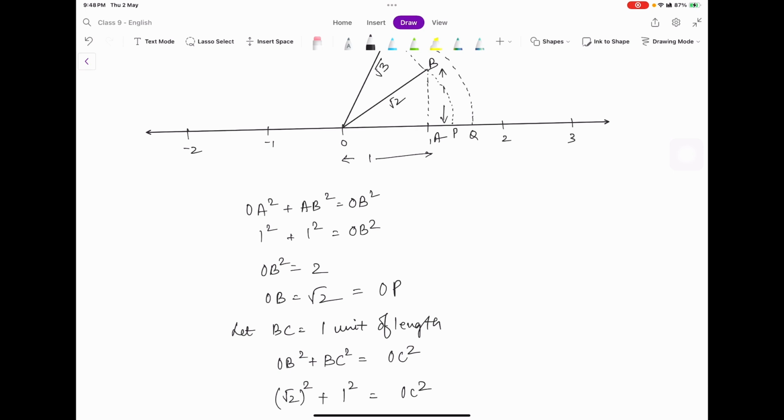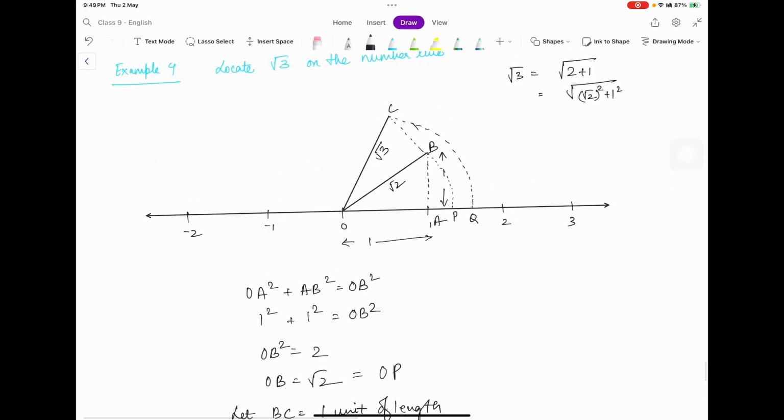How? Same thing, you draw an arc with OB as the radius. It will intersect the number line at point P. That value is root 2. But this value is root 3.